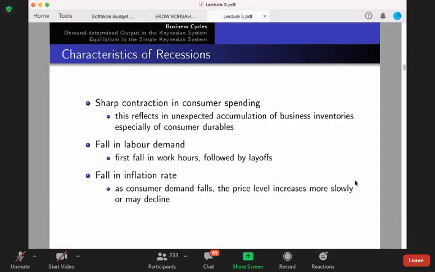The most obvious thing to do in an equilibrium situation is to reduce prices. So yes, that's what happens in a recession.